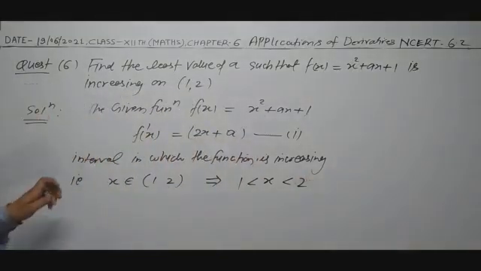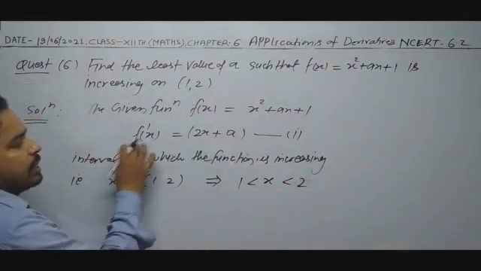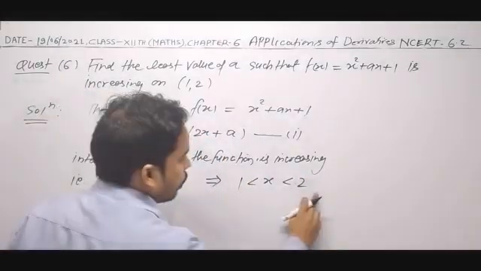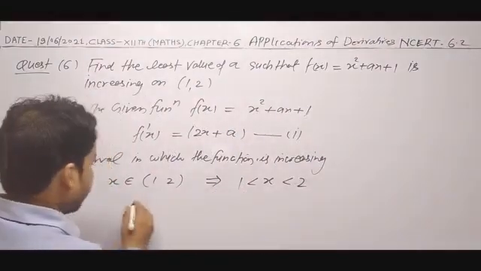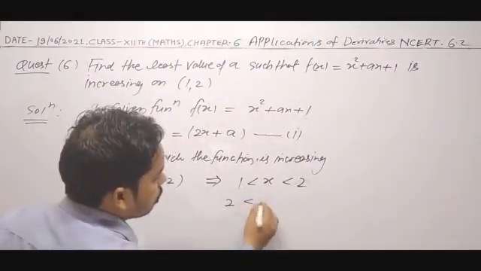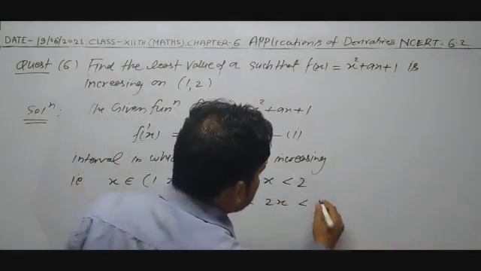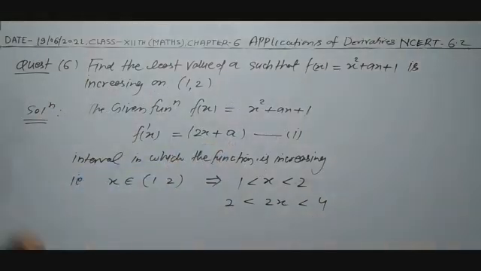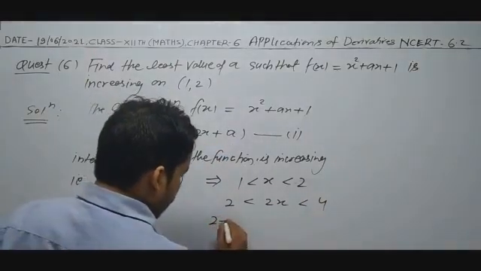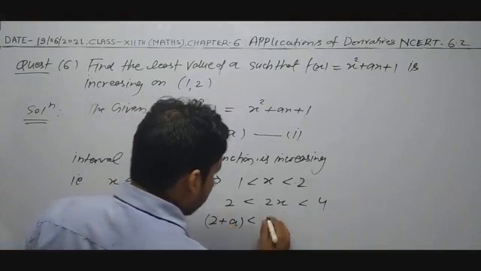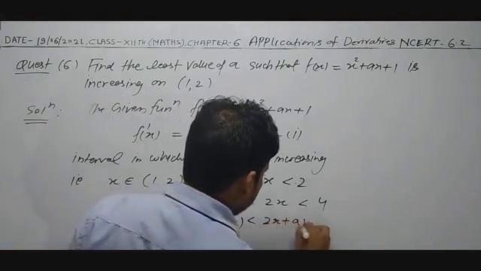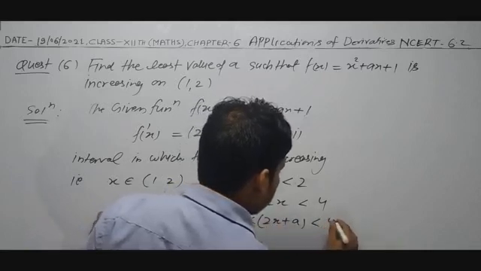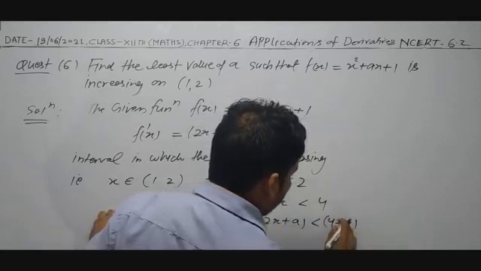Now see, here is the function f dash x, 2x plus a, then you have to multiply 2 in this inequality, you will get 2 is less than 2x is less than 4, and a also. So adding a in this inequality, 2x plus a is less than 4 plus a.